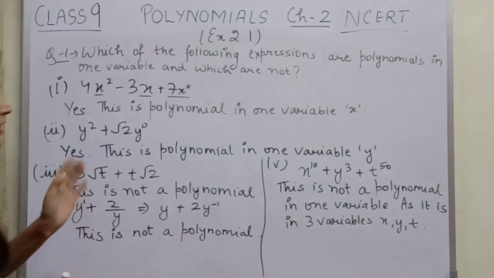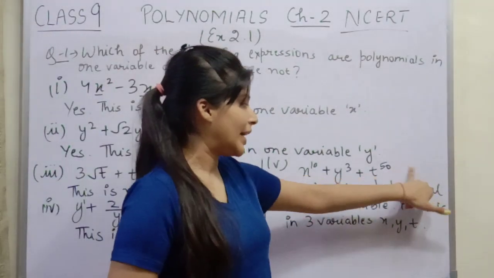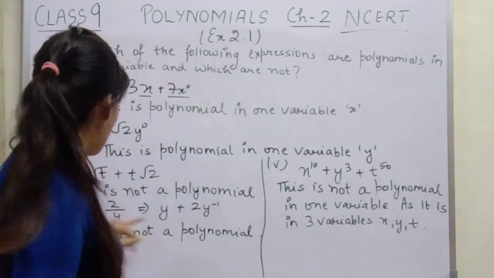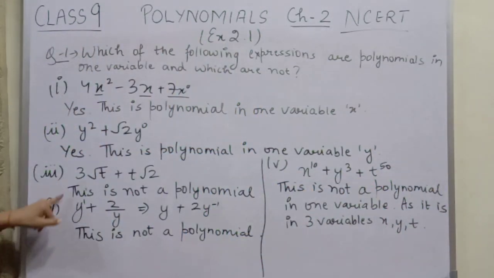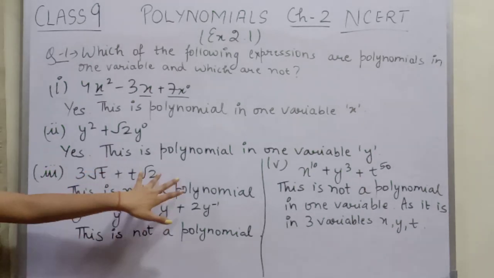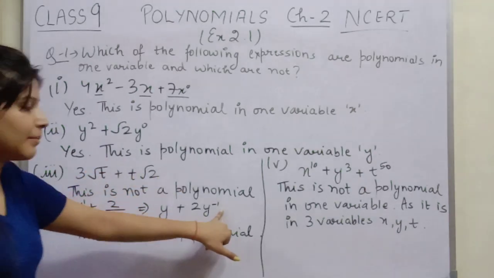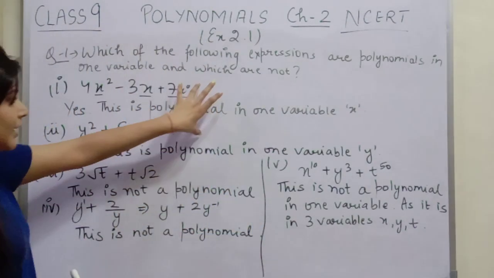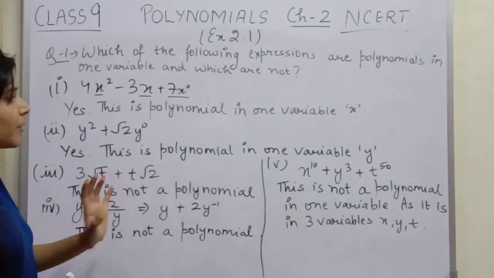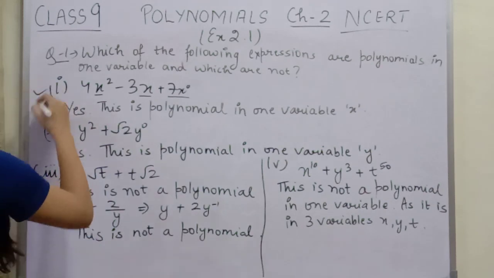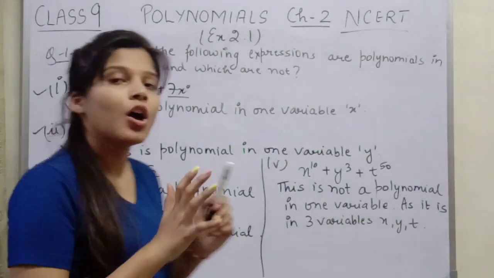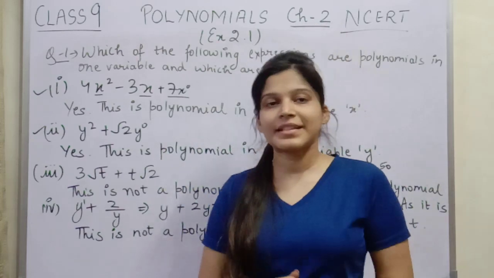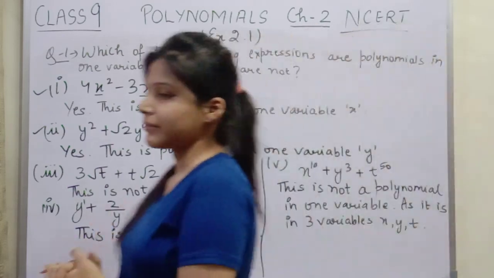So this cannot be a polynomial in one variable, because here there are 3 variables. Here these two were not polynomials at all, because in one the power of the variable became half, and in the other the power became negative, right. So these two are not polynomials. These two were polynomials in one variable, meaning only the first and second are, and the remaining 3, 4, 5 are not. Okay, so with this we have completed our question number 1 of exercise 2.1.